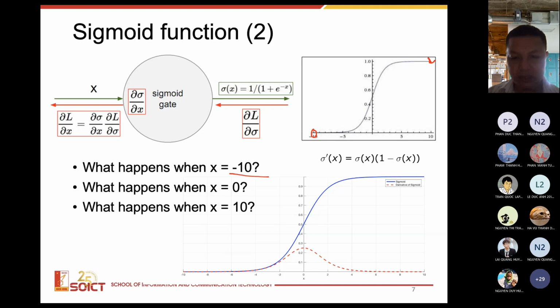And this is the curve for the derivative of the sigmoid. If x equals 10 or -10, then the derivative equals 0. When x equals 0, the sigmoid will output 0.5. This is the mathematical formulation for the derivative of the sigmoid.